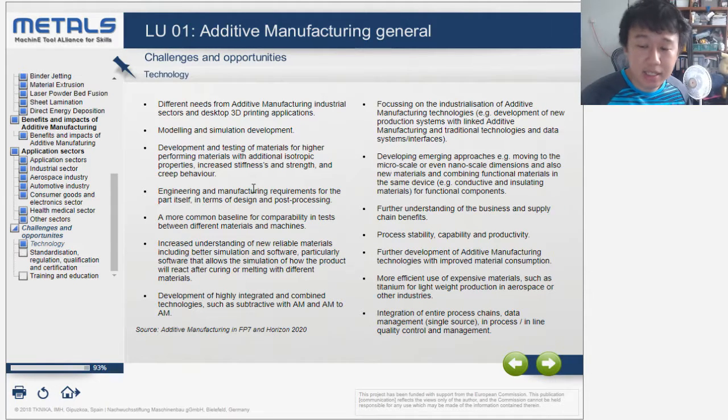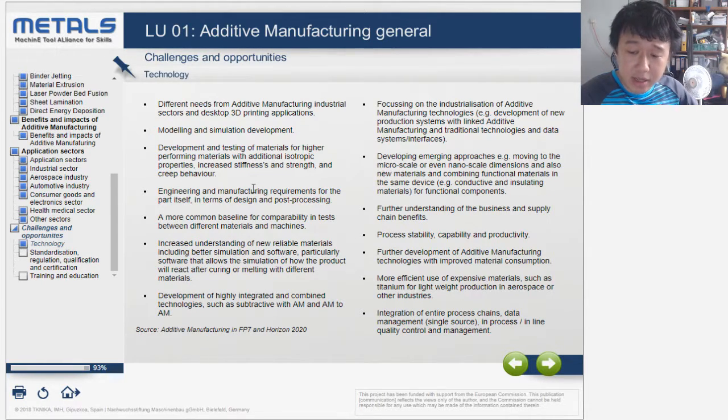I think these days all the systems are connected to the internet, so if you look into a dashboard or screen, you can probably see the operations of the different machines working. Developing emerging approaches, moving to micro scale, nano scale dimensions. This always happens, people are always creating new processes.